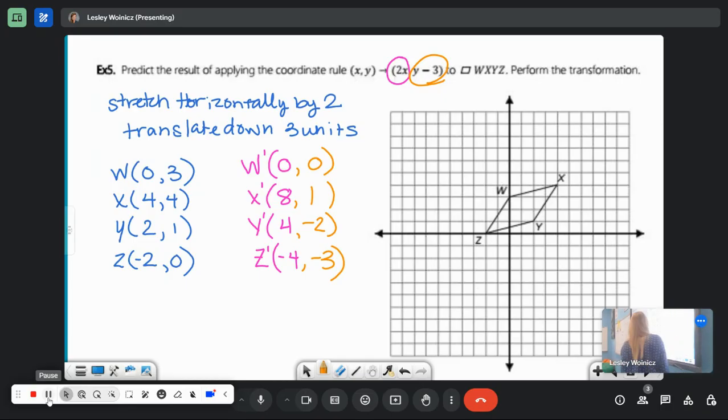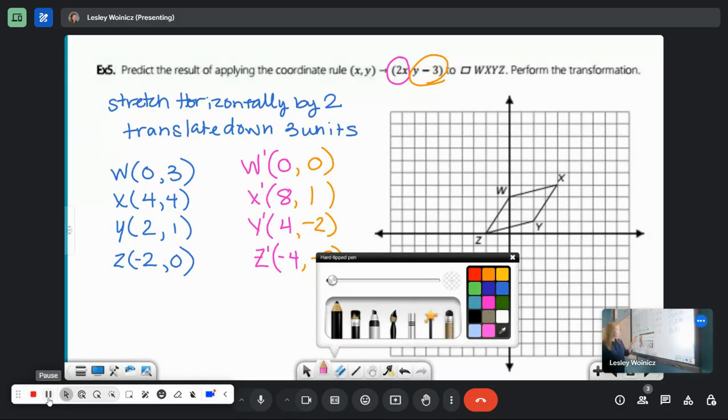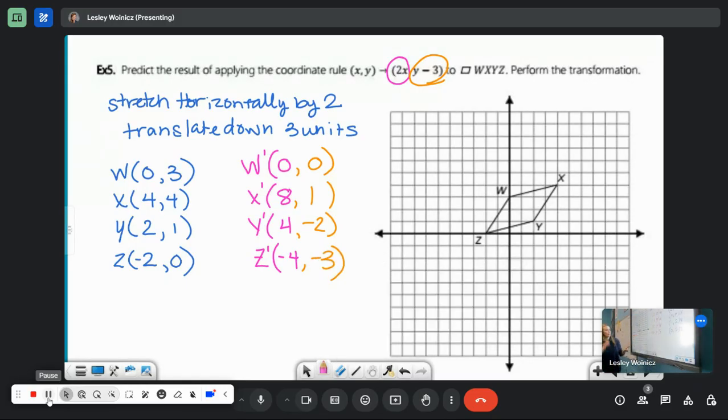All right, let's do it. W prime lands on the origin. X prime is at (8, 1). Y prime is (4, -2).